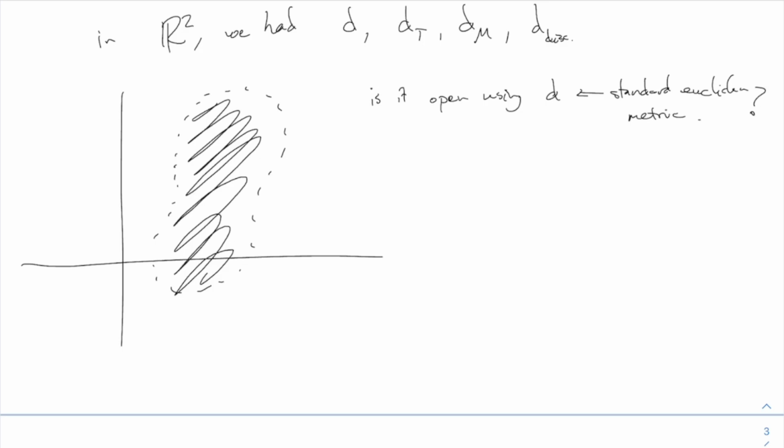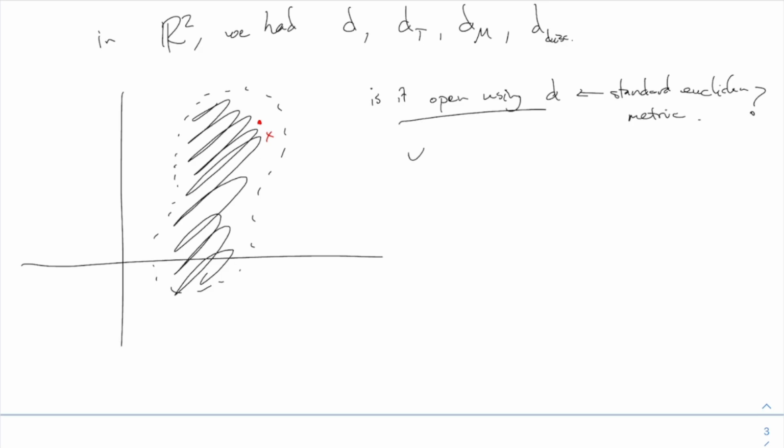Remember the way to tell something is open, there are many ways, but the typical way would be: if you choose any point in here, x, is there a neighborhood around x which is contained inside the peanut? If I'm using the standard metric, when I say neighborhood, I'm talking about round balls. And is there a round neighborhood around x that's inside the peanut? The answer is yes, it is. So is it open using D?